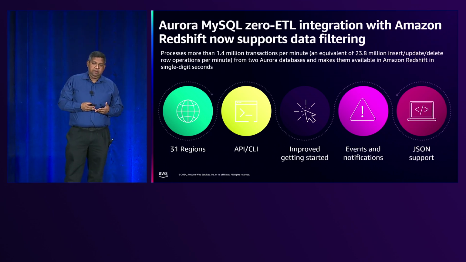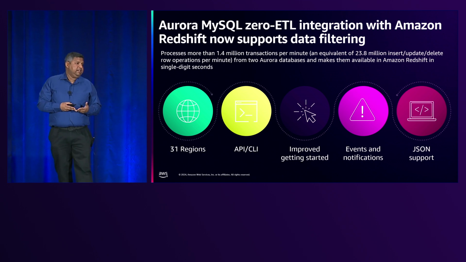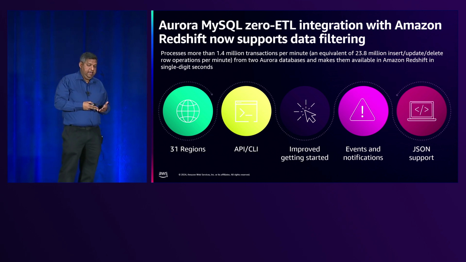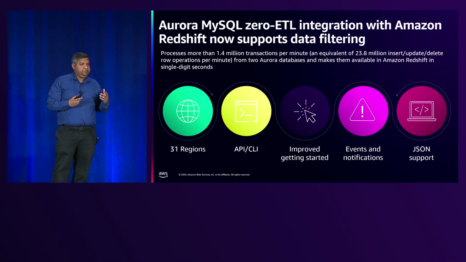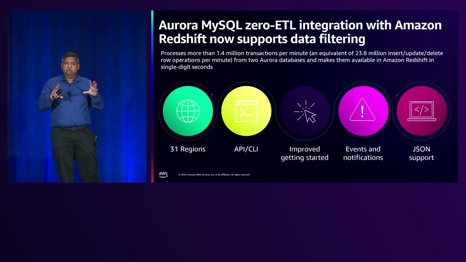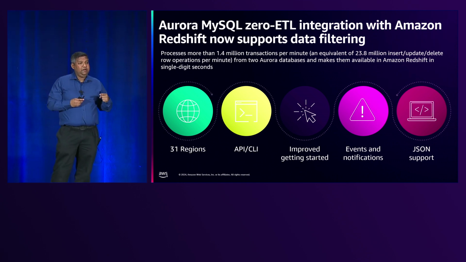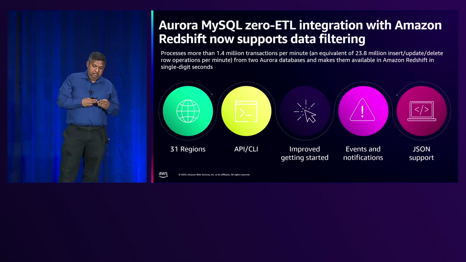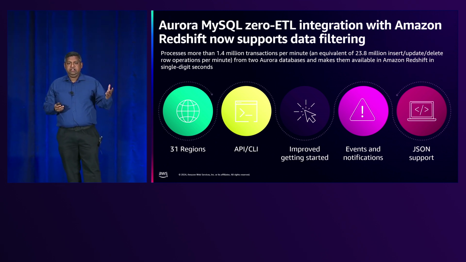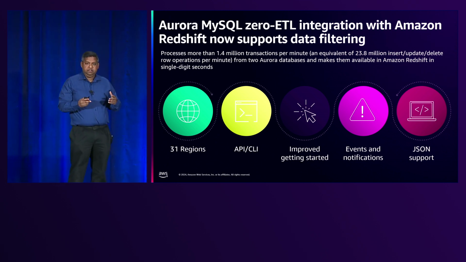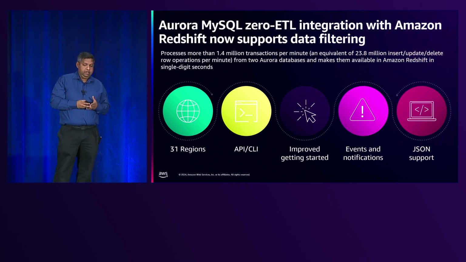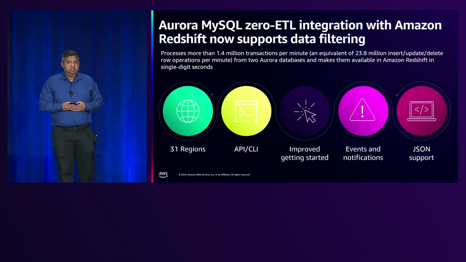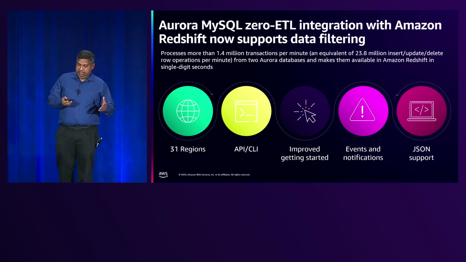We have even added CloudFormation support through APIs, improved the getting started experience with improvements in Fix It For Me related to this engine, and also added event triggers for subscribing to events like altering the database or dropping columns and other things, so you could take more actions along with it. There is also JSON data type support that was added, which expands the number of data types that are supported.